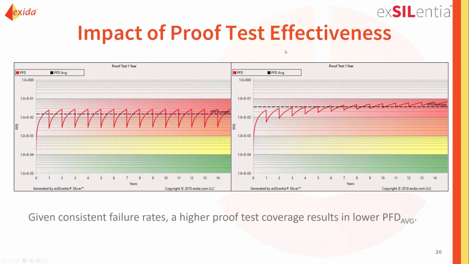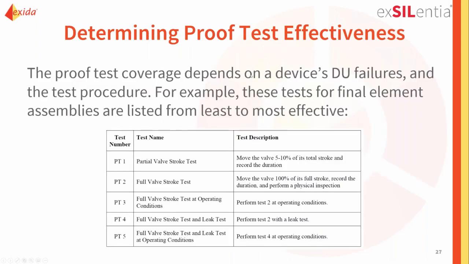You may find different tests ranging from a partial stroke test, a full valve stroke test, or maybe a full valve stroke test and a leak test at operating conditions. So it's very clear that for partial tests, where we need to move the valve 5 to 10% of the total stroke, we will have a coverage. We will be able to detect if the stem of the valve is stuck.